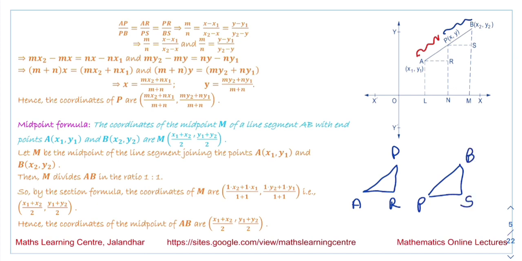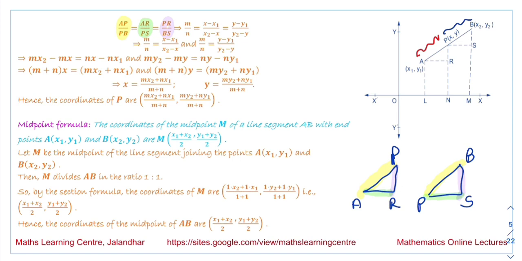So AP over PB is equal to AR over PS, and third it is equal to PR over BS. We are talking about all these conditions.